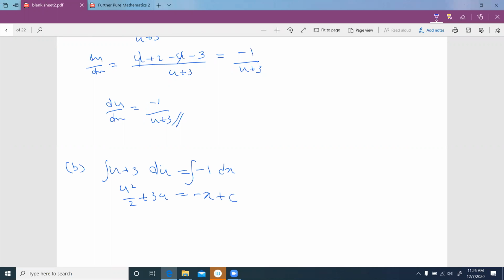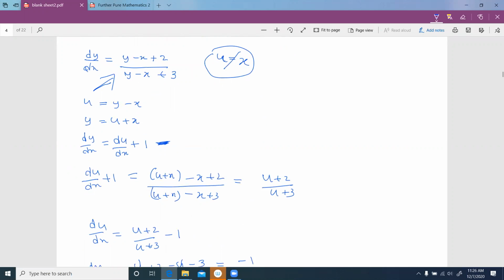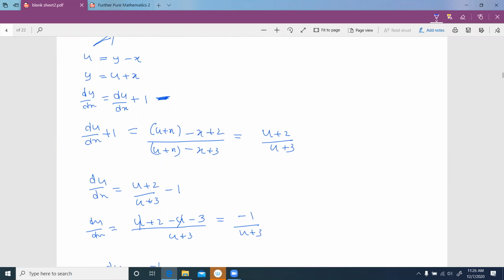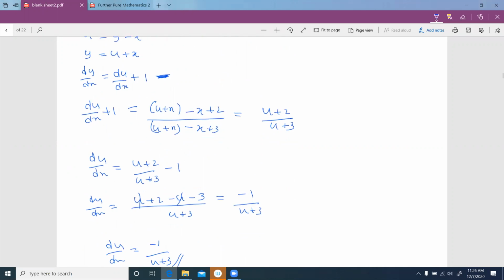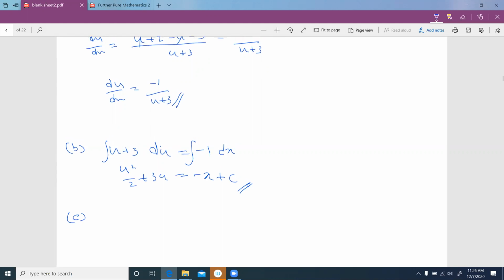Then they need the final answer in terms of y and x. That's the part C answer. This is the final differential equation. We would have to find a value for c if they had given boundary conditions, but nothing like that is given. But you need the final answer in terms of x and y.